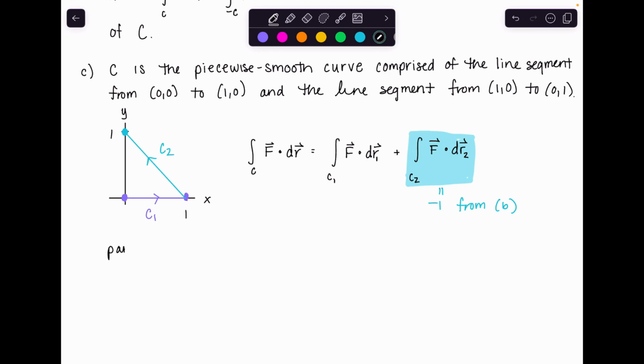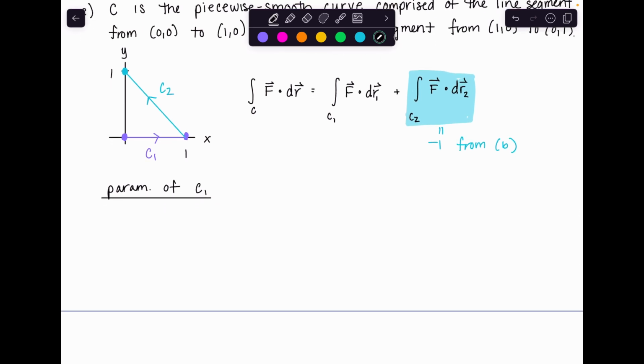So we've got to find the parameterization of C1. Because you typically would have two different vector functions, this one I would call r1 of t. I don't want to use r because I have two separate functions. Here we're starting at 0, 0. For the x component, that's 1 minus 0, so the ending value is 1 and the starting value is 0.